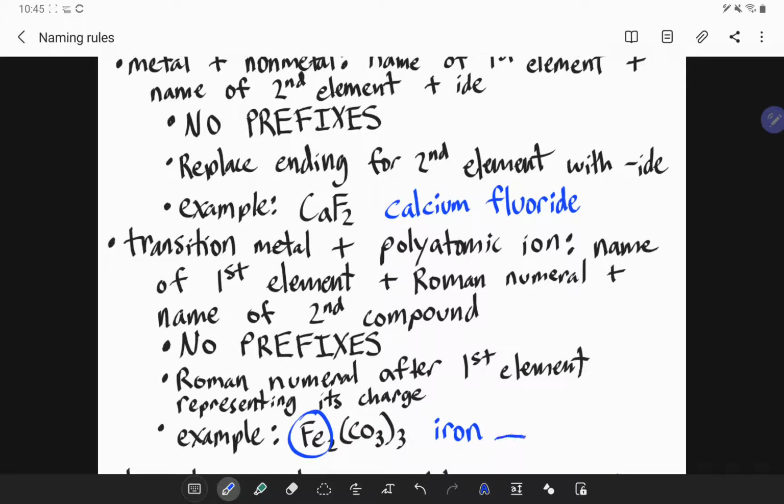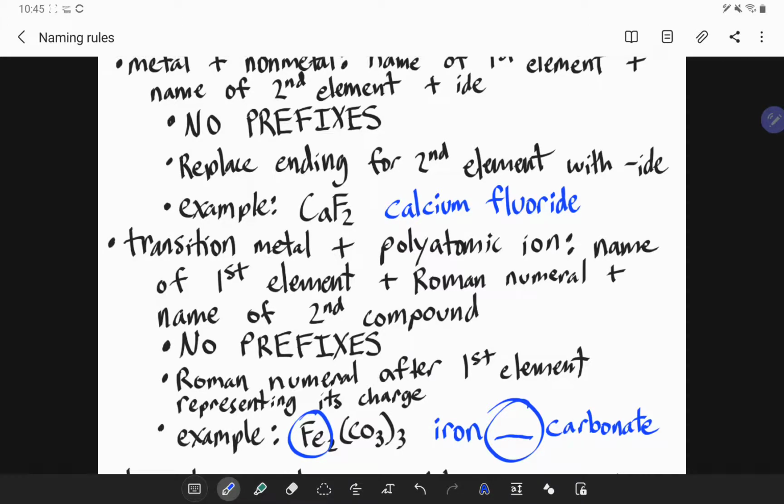But I'm going to leave a space here so that I have room to write my Roman numeral. Since the second element ends in a polyatomic ion, we do not need to replace the ending with IDE. We just leave it as is. That's only if it ends in a nonmetal. So iron blank carbonate, we now need to figure out what we need to write right here in this blank. What Roman numeral goes there?